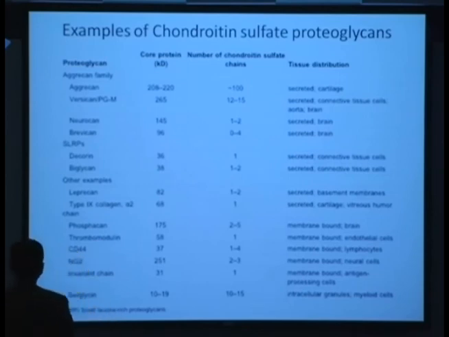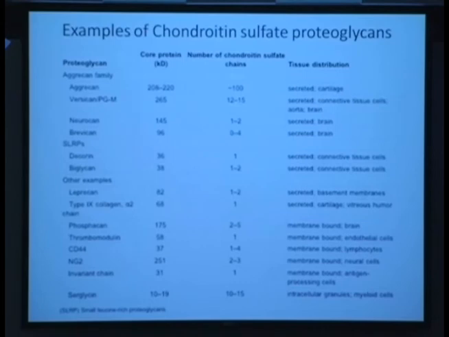And then you have neurocan, brevican, and SLRP, a very interesting family, which stands for small leucine-rich proteoglycan. Two proteoglycans come under SLRP. One is decorin, one is biglycan, and you can see that they have only 1 or 2 chondroitin sulfate chains attached to them. They're secreted and found in the connective tissues. Other examples are shown here.